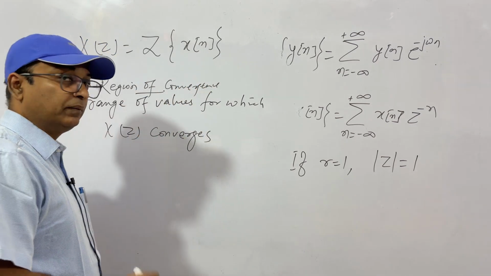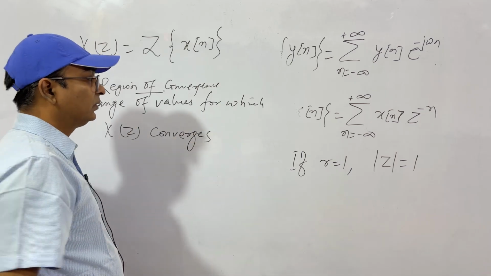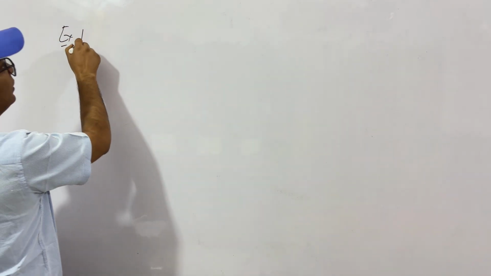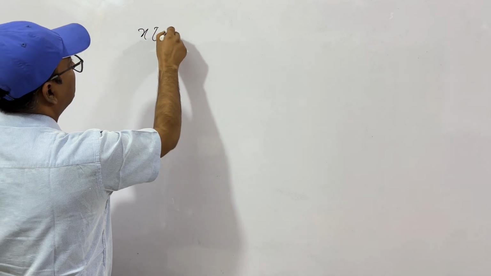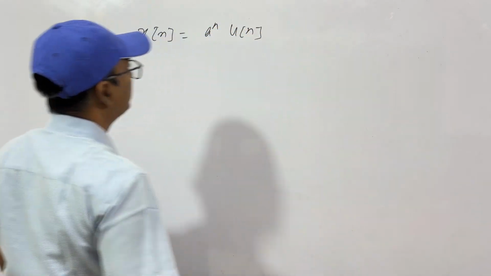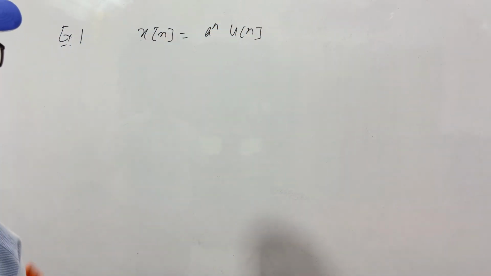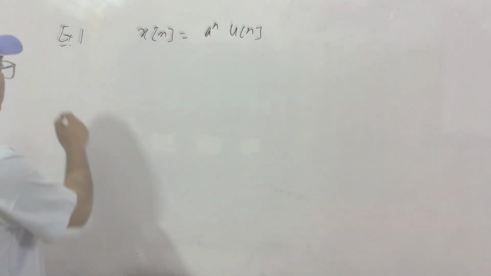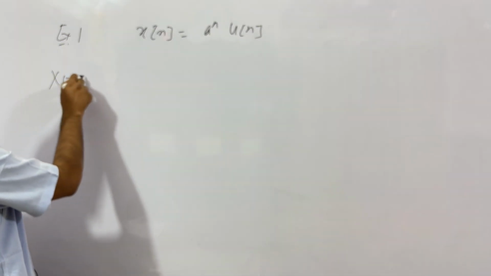Now we'll take examples and we'll understand all these. So let's start with our first example. Our sequence is x[n] equals a to the power n u[n]. You must have seen this while solving z transform in mathematics also. Now let's take the z transform, that is X(z).